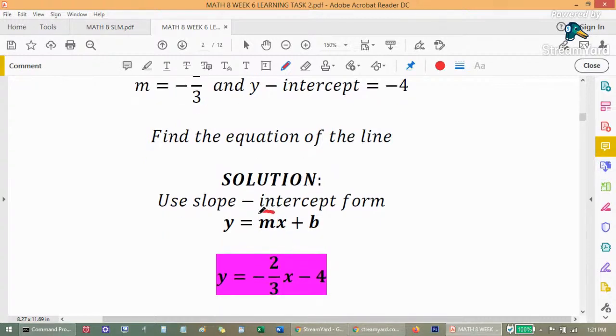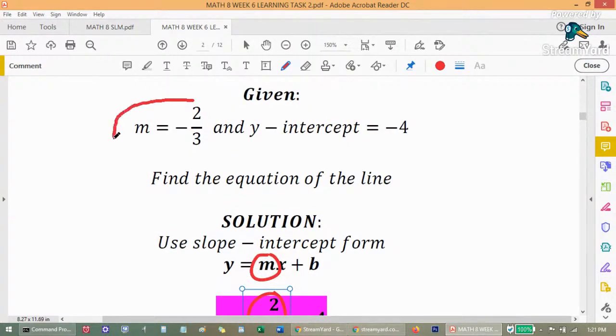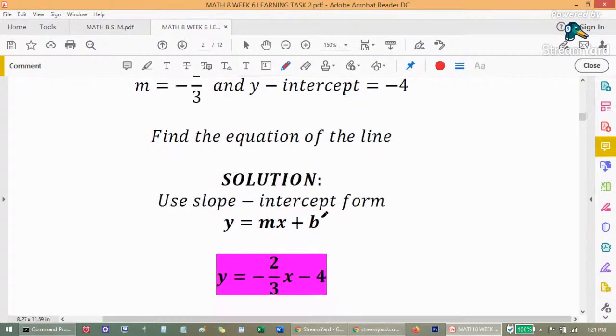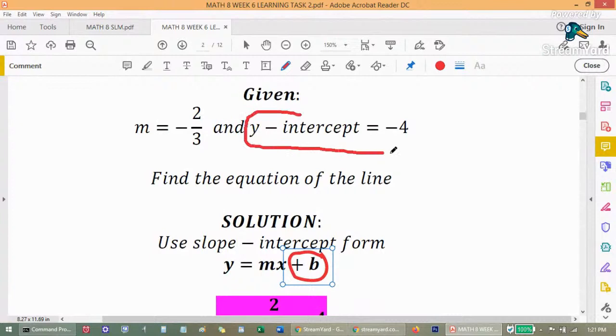So, itong m na to ay magiging negative 2/3. Yun yung binigay sa ating m. M is the slope. Okay? Then, ito naman B, ang B is the y-intercept.